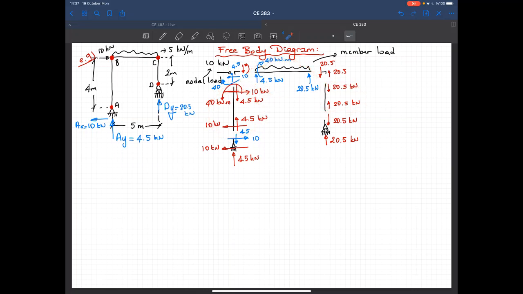So with the free body diagram, we show all the forces at the nodes and the members. After doing that, now we are ready to draw the internal force diagrams. So let's do that.